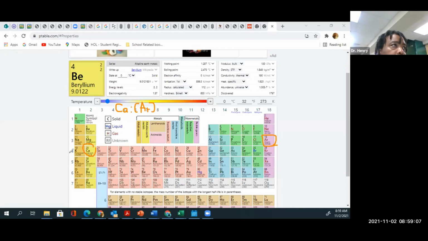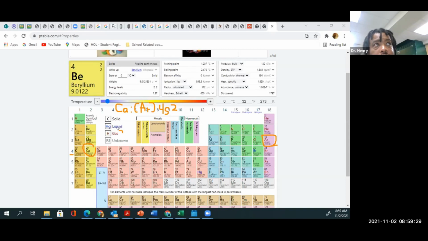And then we come down to the 4, and it's 4s2. Okay, so calcium has 2 valence electrons. So for it to be like argon, it has to lose those 2 electrons, right?